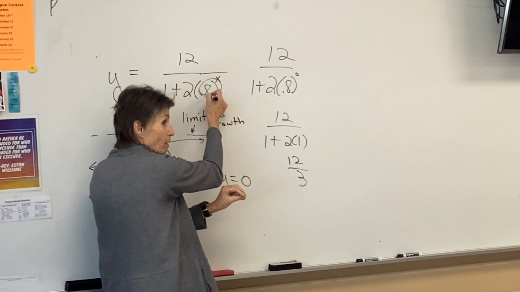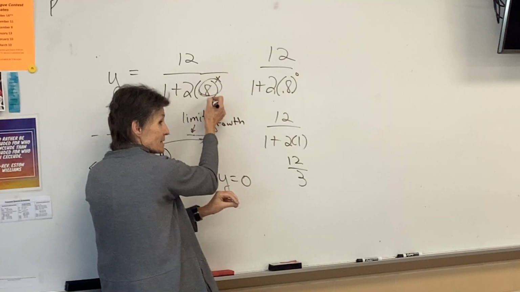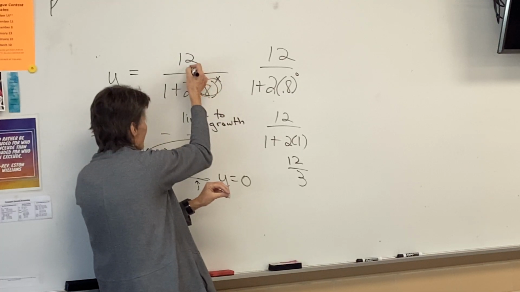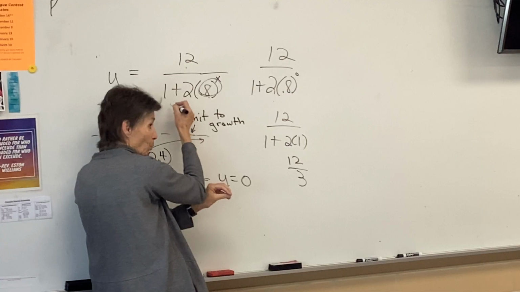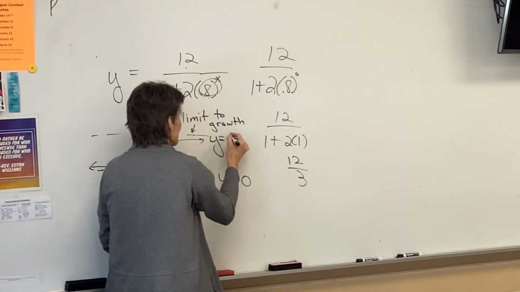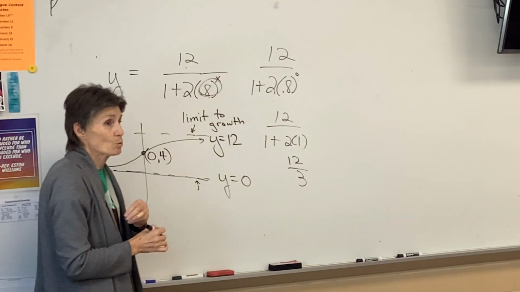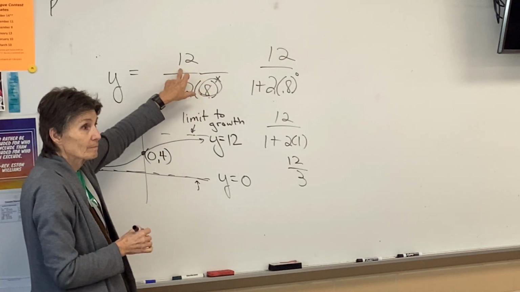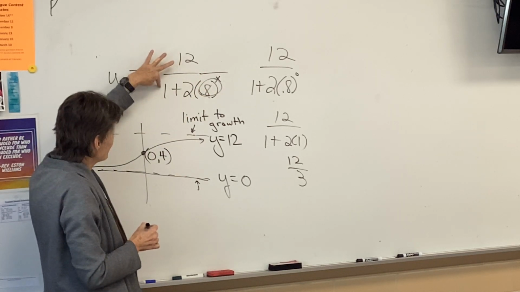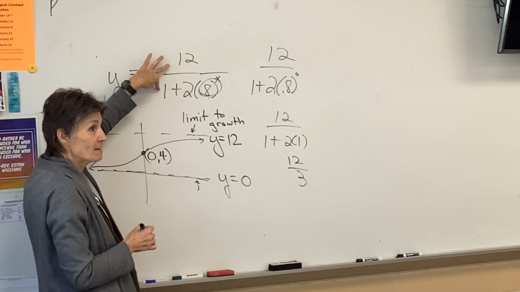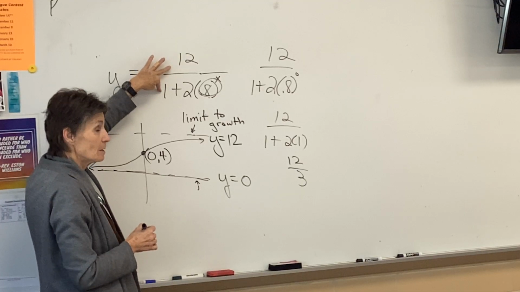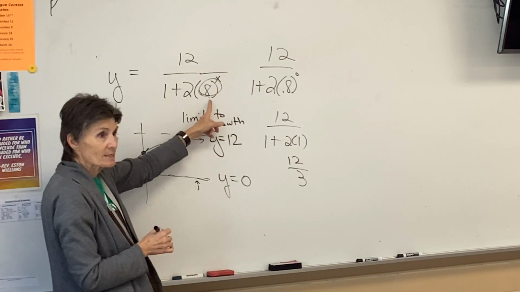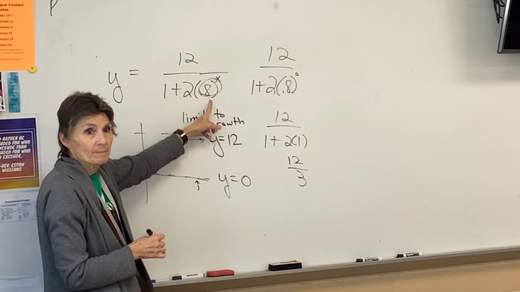Well, 2 times 0 is still 0. So basically I have 12 over 1. My top asymptote is y equals 12. That number right there, divided by this number, will be your limit to growth. Because this is going to disappear because that number is less than 1.